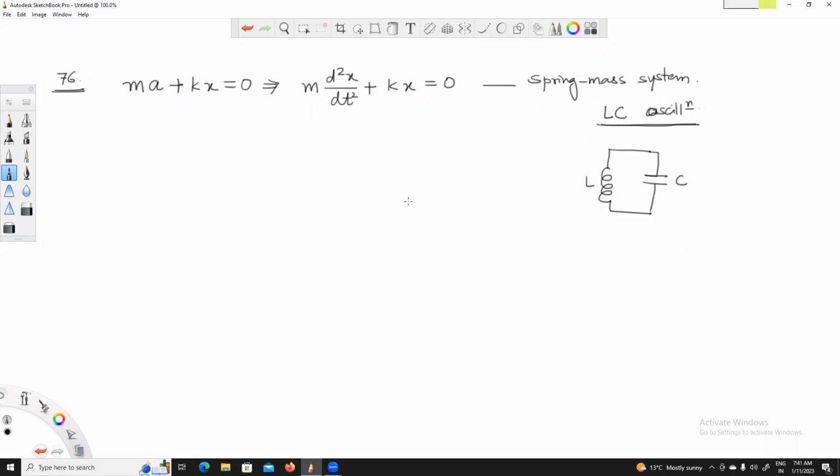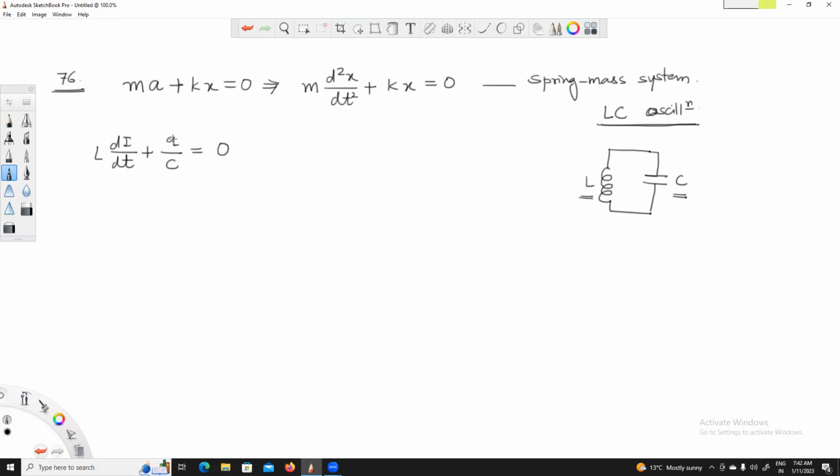If you write the differential equation, the EMF across the inductance plus the EMF across the capacitor, as there is no cell or source connected, will be 0. So EMF across the inductance is L di by dt, plus across the capacitor is Q over C, equal to 0.